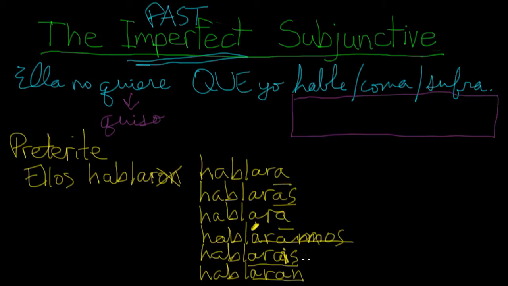With comer, it's going to be exactly the same. You take the ellos form of the preterite, comieron, drop the on, and you're left with comier, and add an a, comiera, and it's the same right down the line. I'm just going to write it out really quick so you can see it.